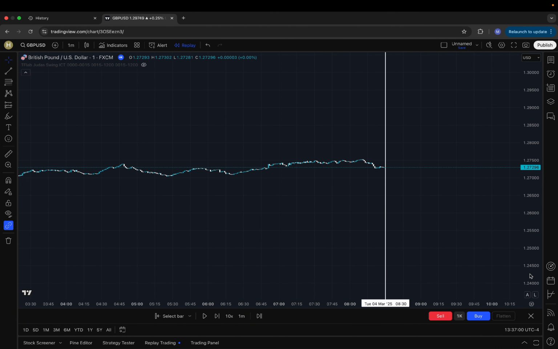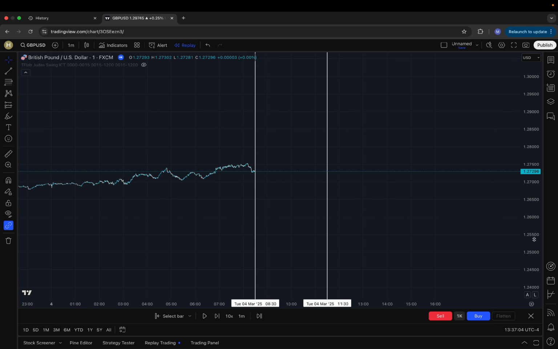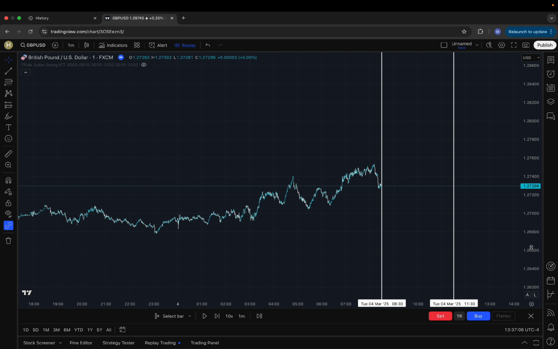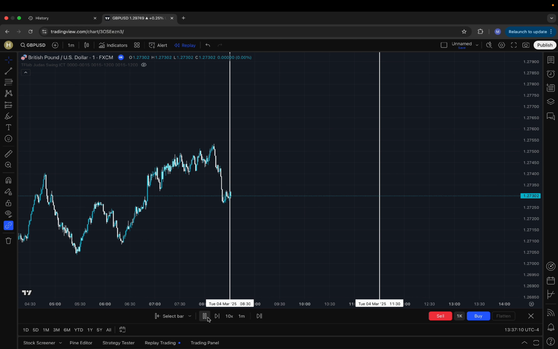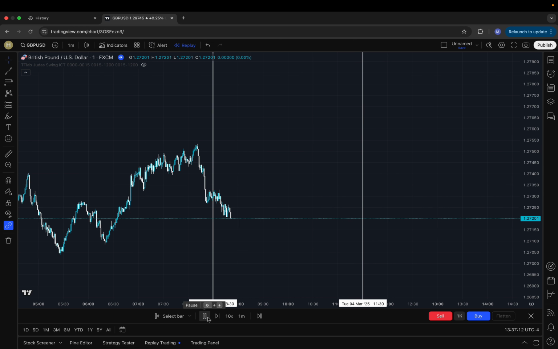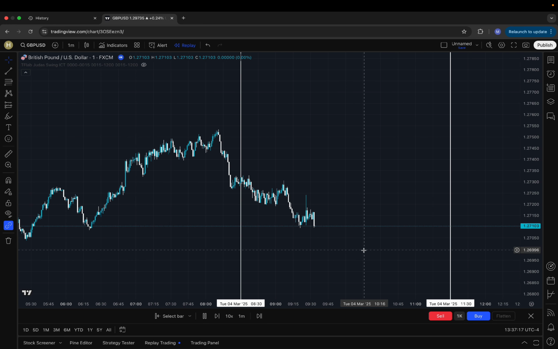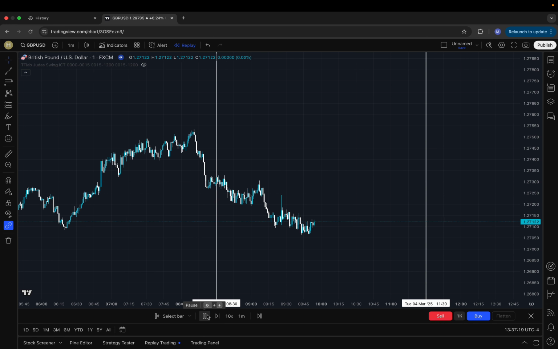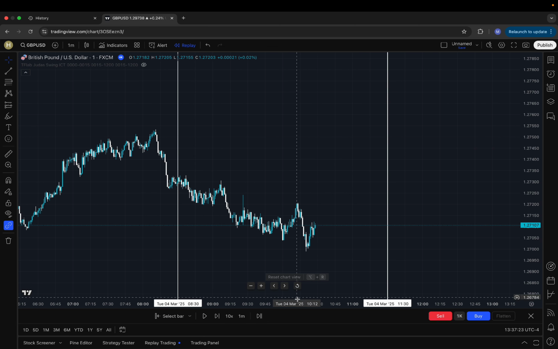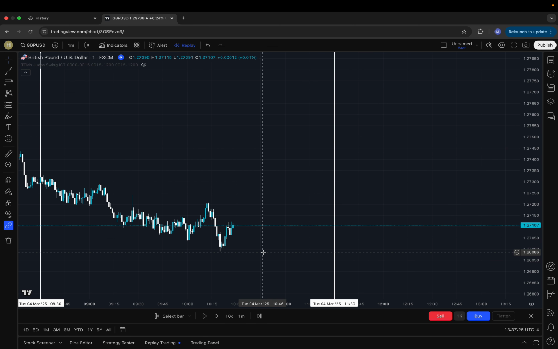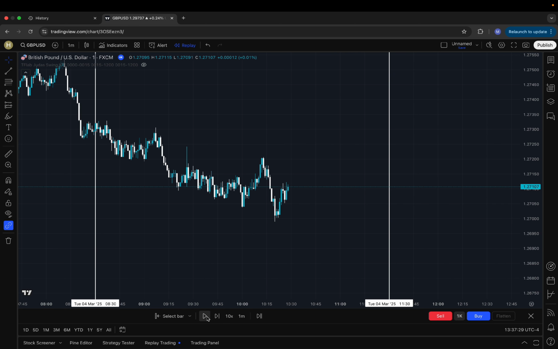We're going to let the chart play out and see what happens, and then we'll decide whether we're going to take this trade or not. So we're going to continue to let it play out.